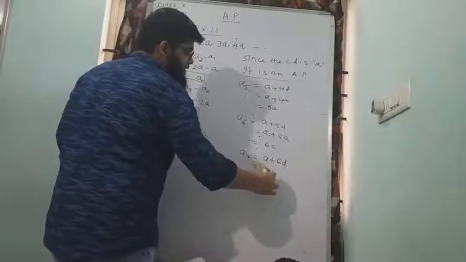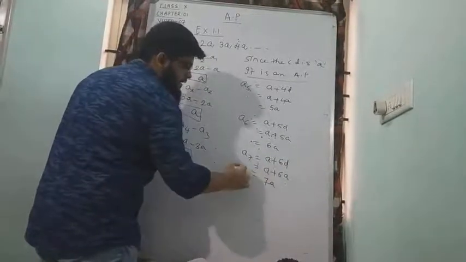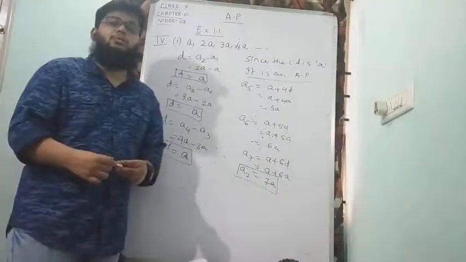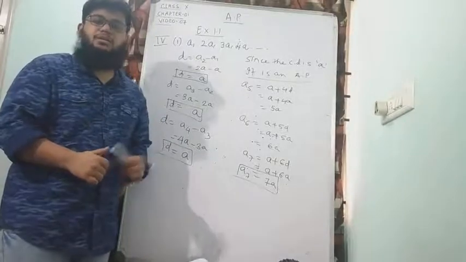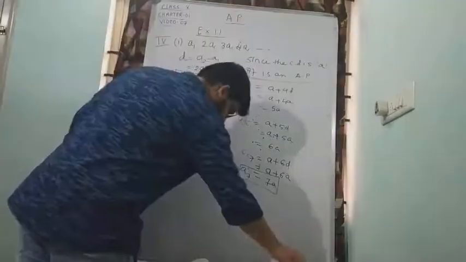Value of D is A. A plus 6A is 7A, and that is the value of A7. I hope you have understood this problem, and it was one of the easiest problems that we have done. Let us move on quickly to our next question.